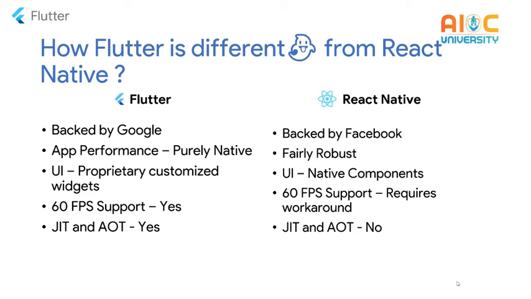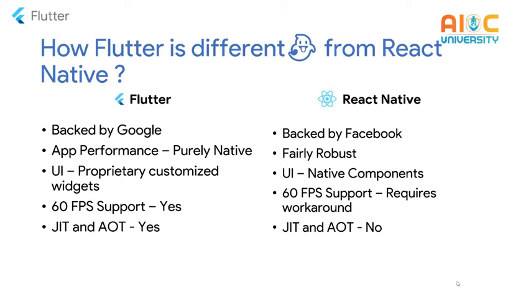And the UI with Flutter is customized, proprietary widgets, which means Flutter is completely built with widgets, and you can declare and create your own widgets. There are more than thousands of widgets in the Flutter framework. Don't worry about remembering each of them; it will get easier.